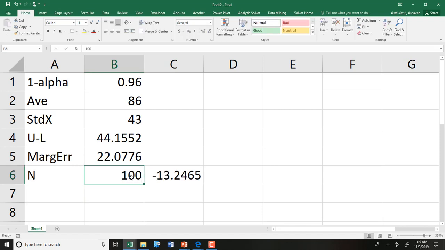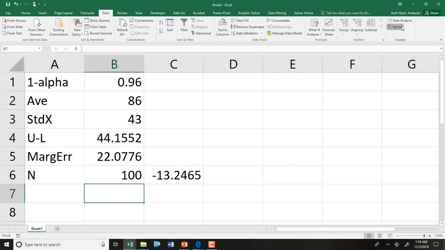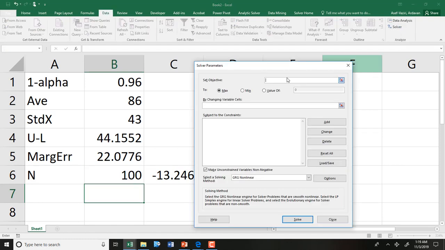If it is not negative, then I go and enter 500, and I find a number such that this one becomes negative. Here, when I entered 100, it became negative. I'll go to Solver. Solver, please look at this number. Make it equal to 0 by changing this number.